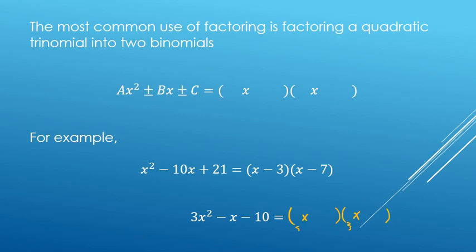If you had something like 4 or 6, then for 6 you have 6 and 1, or 2 and 3. For 4, you have 1 and 4, or 2 and 2. So there are a couple options you could play with. But 3x squared, not too bad. It doesn't matter where you put the 3 right now, so I'll put it up front here, and then this is just a 1, which I'm not going to write.